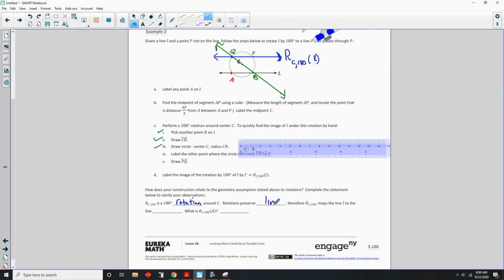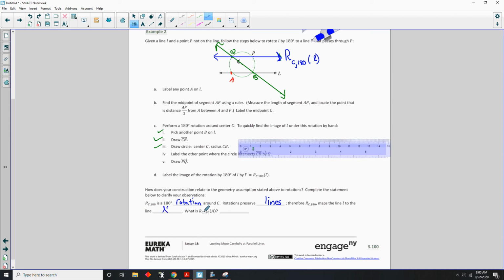We rotated a line, so they preserve them. Therefore, the rotation centered at C 180 degrees maps the line L to the line L prime. That's our image, L prime.